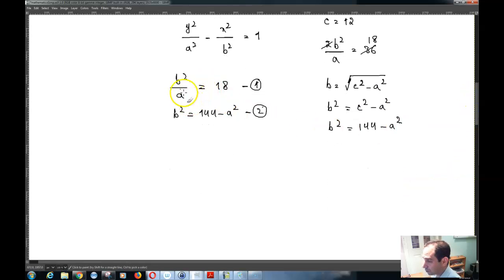So now what I'm going to do is write this equation as b squared is equal to 18a. That means that a is equal to b squared by 18.